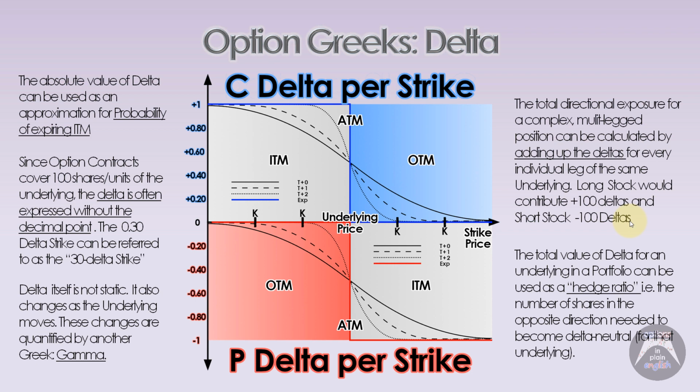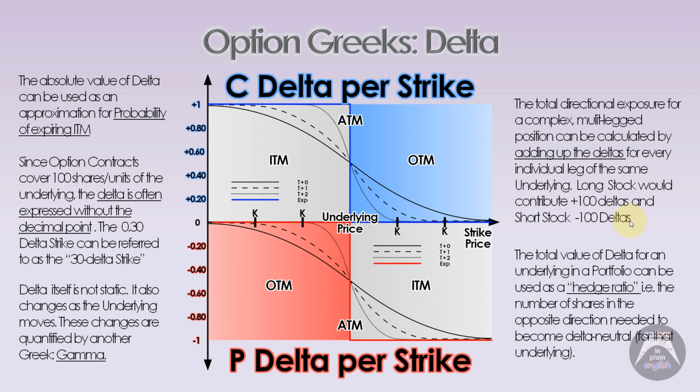So if I have stock, calls, and puts, but the total delta is 130, then if I go to the market and I sell 130 shares short of that stock, then I'm going to become delta neutral. So in a way, delta tells me exactly how many shares I need to buy or sell to become delta neutral.